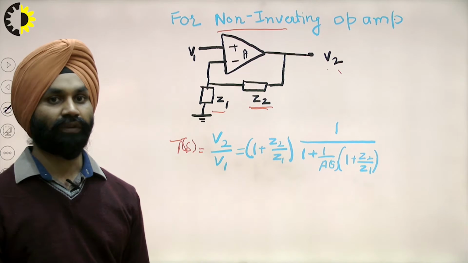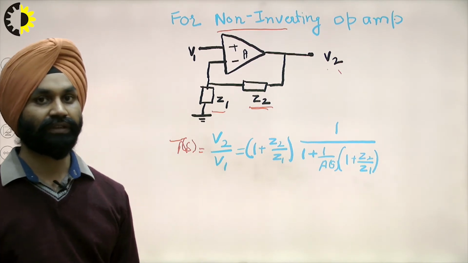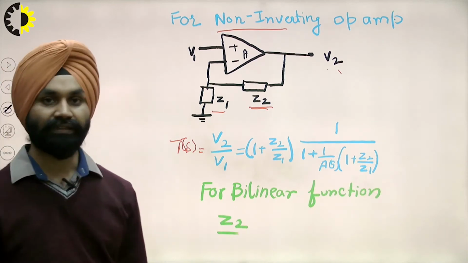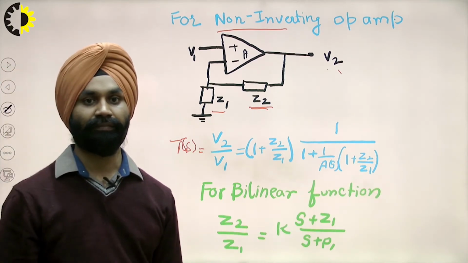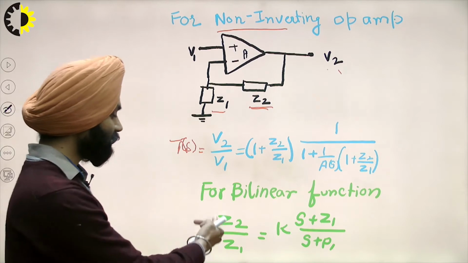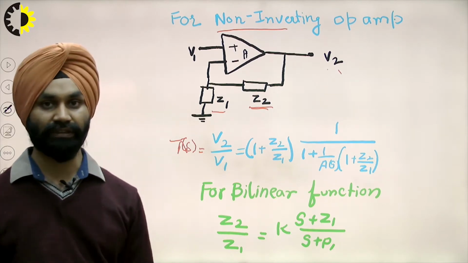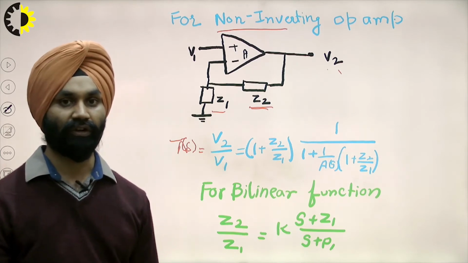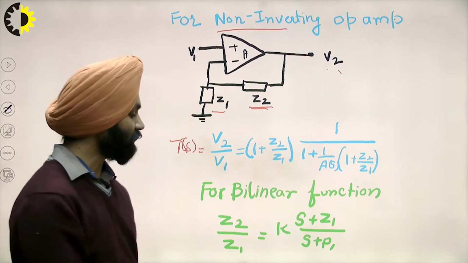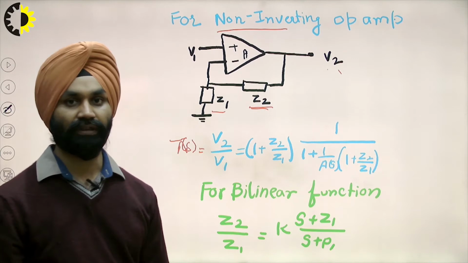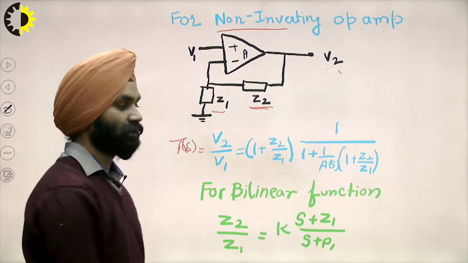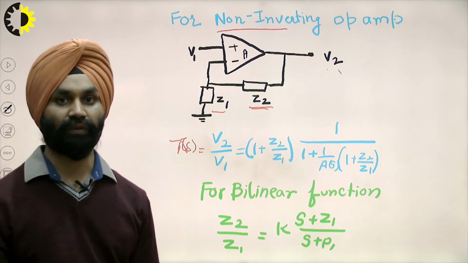For the previous case we discussed the special case when A(s) tends to infinity. Then we have a general form of the bilinear transfer function, which is the ratio of two lines, (s plus z1) by (s plus p1), the general form of the bilinear transfer function.